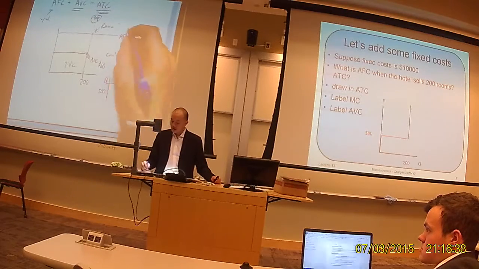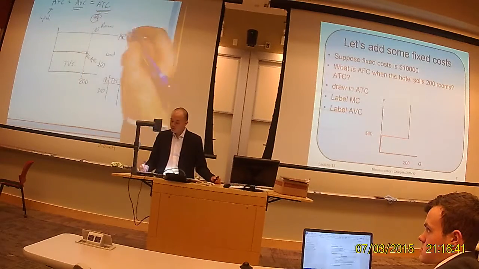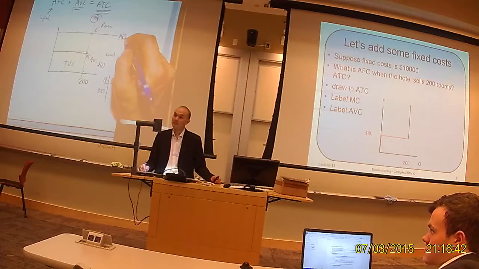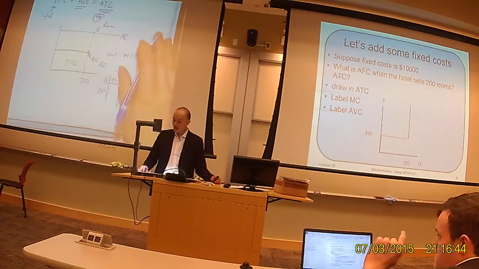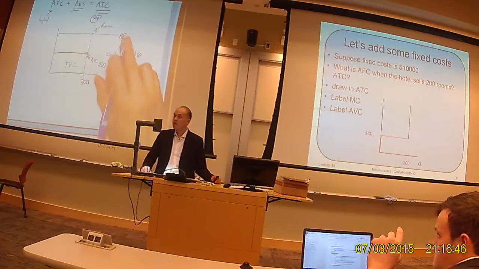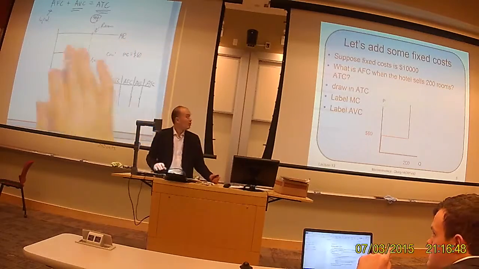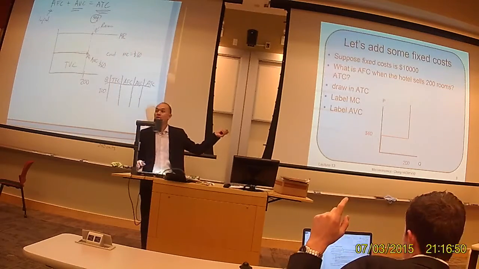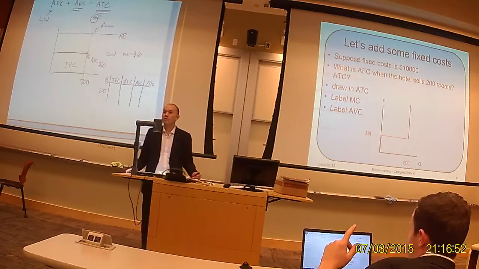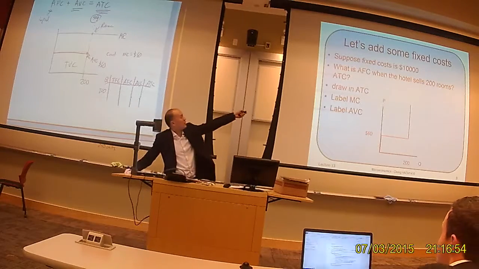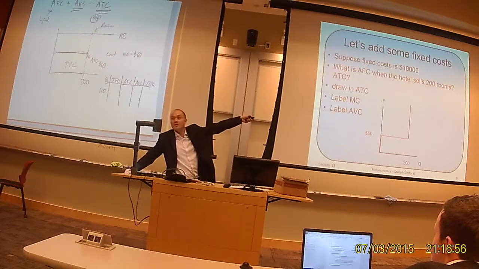So you're saying it should be here. That would be true if this is 0 profit. But I haven't given you that 0 profit. It's good that you're jumping to 0 profit, but right now I just want the number that is total fixed cost for 200 units.